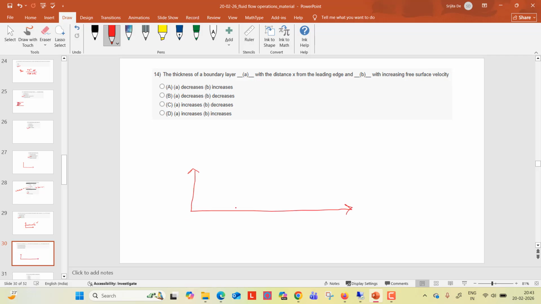Suppose the fluid is flowing, and the distance till the fluid achieves 99% of its maximum velocity is the boundary layer thickness, right? So the exact definition is like this.